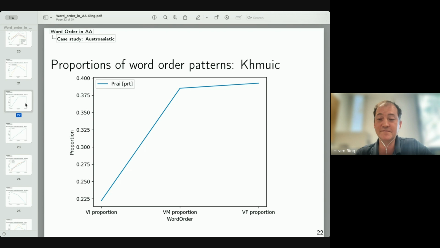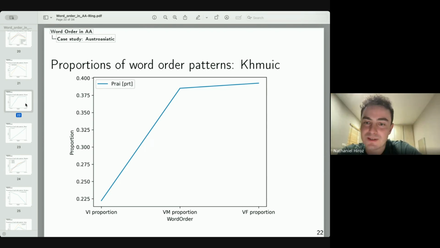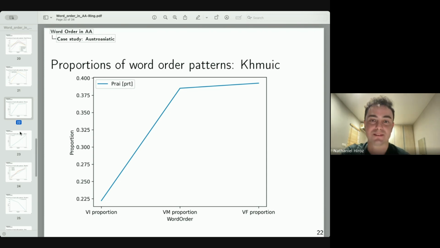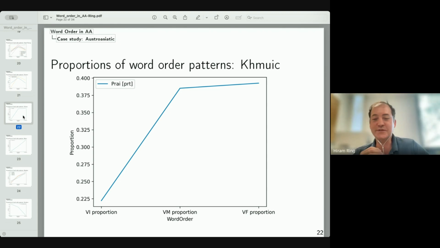Yeah. And Ryan has one more question: were any of the results of your Austroasiatic survey surprising based on what has been documented in the literature? I was surprised that I didn't find more verb-initial structures, honestly, because that was one of the things that we discovered in our Zurich work, that there were surprisingly a lot of verb-initial structures that were not identified.